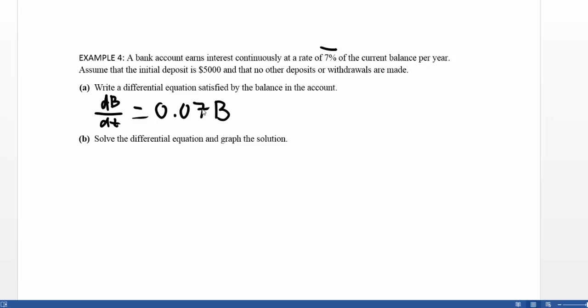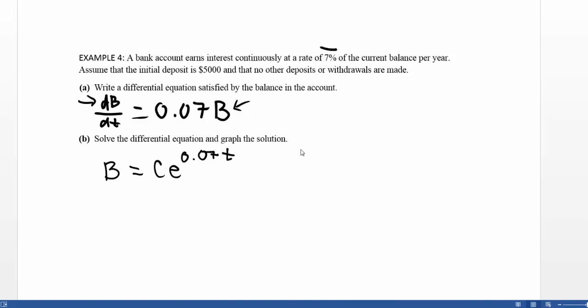Notice that we haven't used the 5,000 yet, because the 5,000 impacts the solved differential equation and not the original differential equation. Part B wants us to solve the differential equation and sketch a graph of what that looks like. So if we solve this, we notice that again, dB is on the top and B is on the right, so we know it's exponential. So B equals C e to the 0.07 t, based on the variables we used.